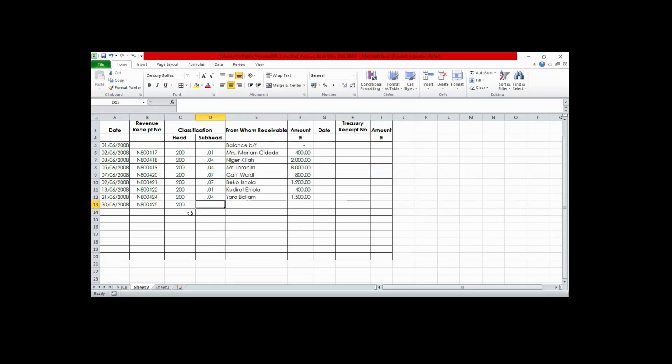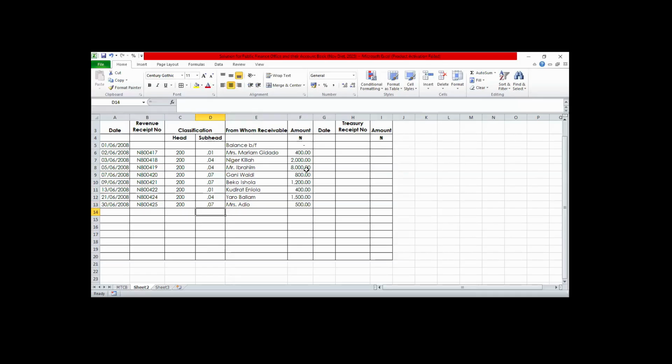Mrs. Adio paid for court proceeding documents. What was the code for court proceeding documents? 07. How much does she pay? 500. That's all the transactions.